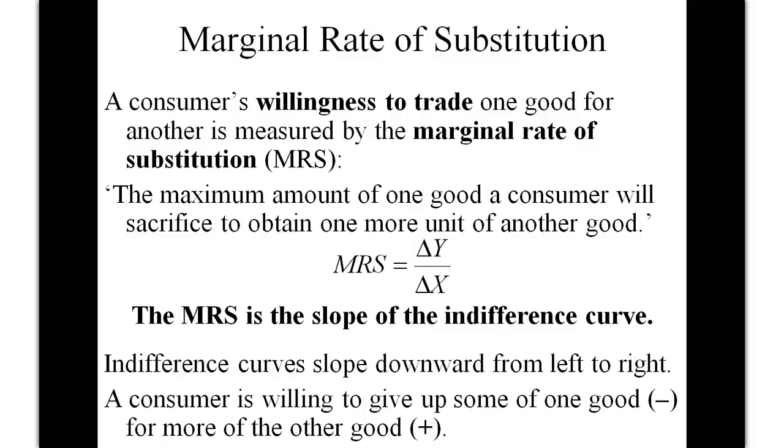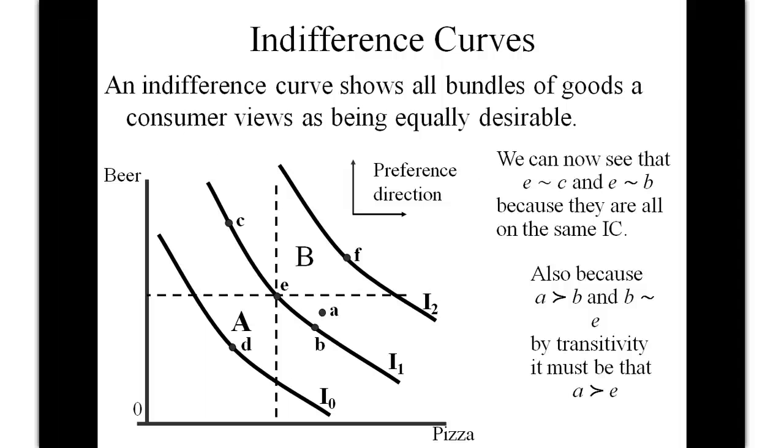So a very important feature of indifference curves is the marginal rate of substitution. So with the two goods, how willing is the person to swap from one good to the other? Along the indifference curve, we say that the utility is the same. But if we give the person more beer and we take pizza off them, what is the utility implication of that?